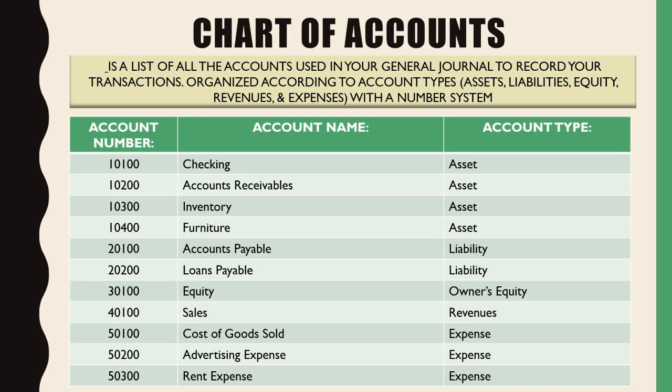And we talked about putting it in order based on category. So when we create our list, we're putting it in order by account type and by account category.